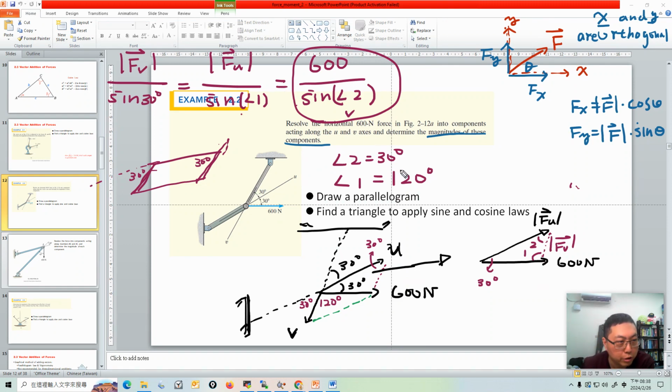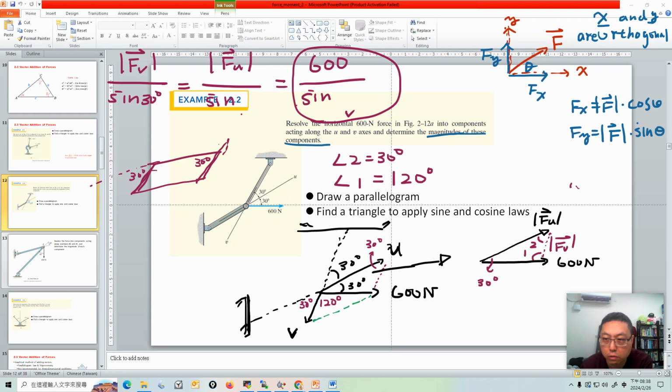Angle 2 is 30 degree, and angle 1 is 120 degree. So we just put everything together, and we can finally figure out the answer.